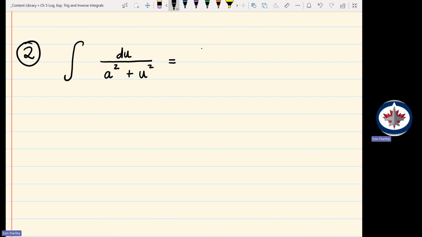It's going to be 1 over a, because there's a constant that comes out that we need to deal with, multiplied by arctan. And then with the understanding that within arctan is u over whatever that constant is. And of course, plus c at the end. You'll like arctan. It's the easiest one to manage. There is no square root to worry about.